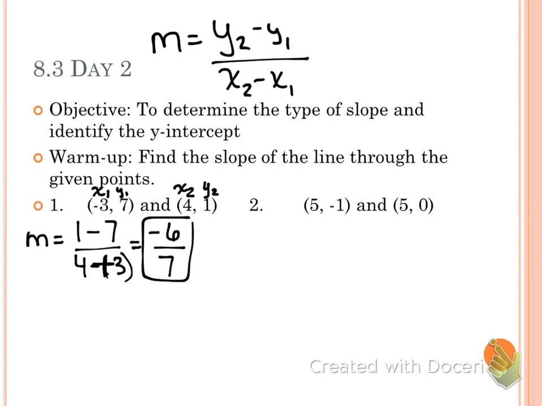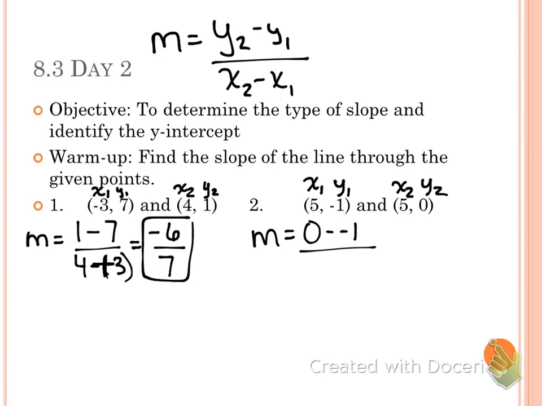Alright, on problem 2, again, label your points if you need to. What's getting plugged into my numerator? 0 minus negative 1. I would agree with that.